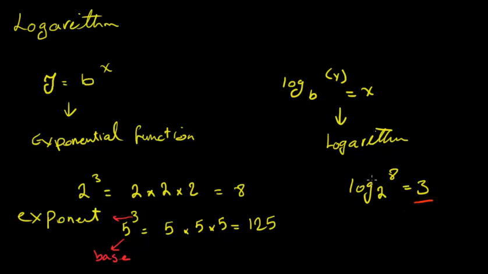In this section, we write it as log base 5 of 125 equals 3. So this is our base. Log base 5 of 125 is 3. It shows that 5 multiplied 3 times by itself gives us 125.